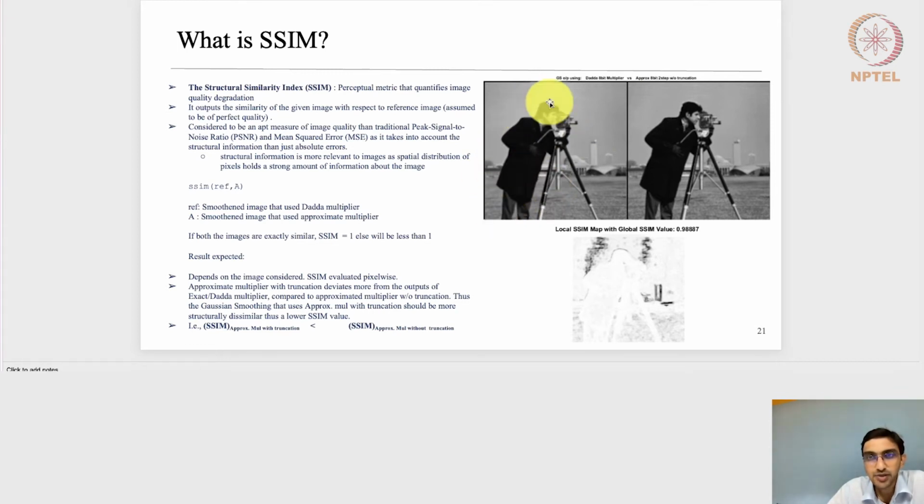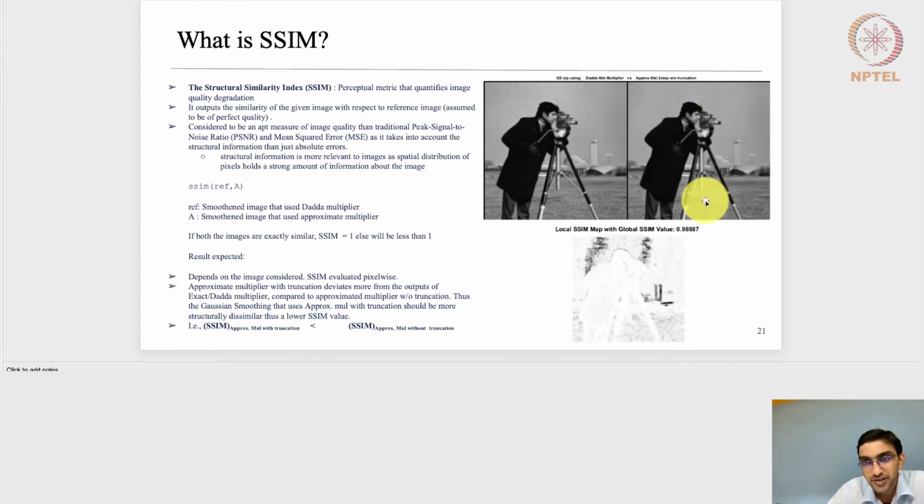If I have an original cameraman image, and if you build the Gaussian smoothing filter using the exact 8-bit multiplier, this is what the image looks like. Compared to the original image, it looks a little bit blurred, and that is what we expect from the Gaussian smoothing filter.